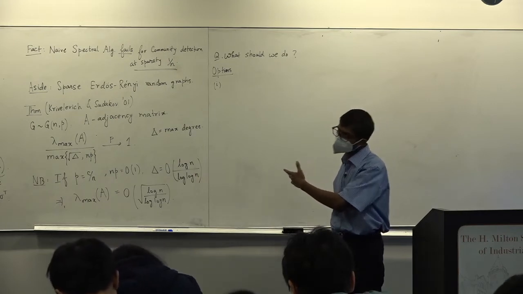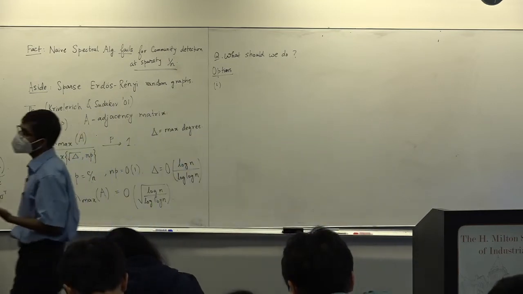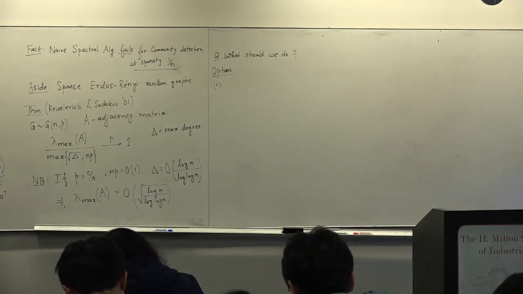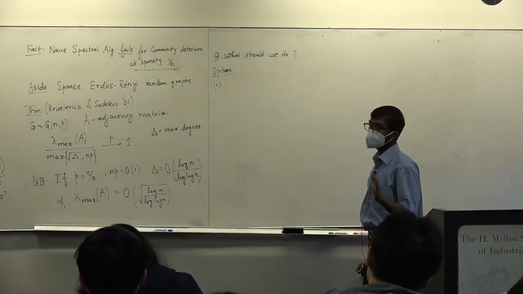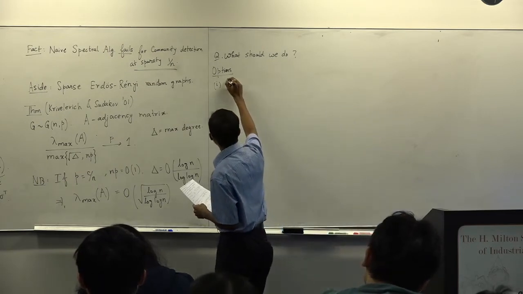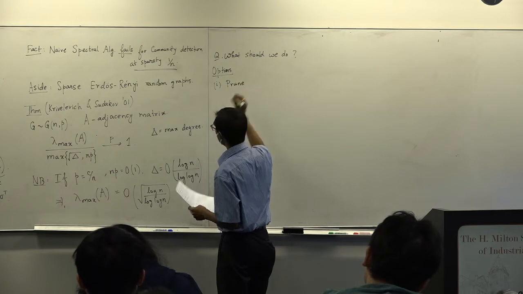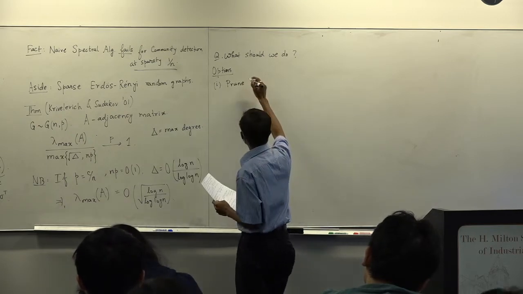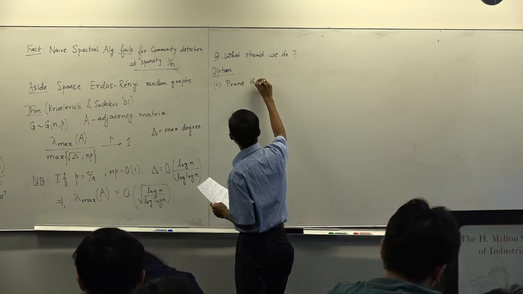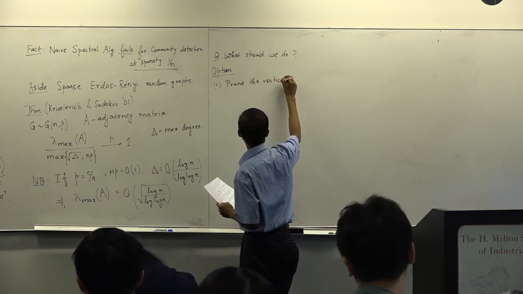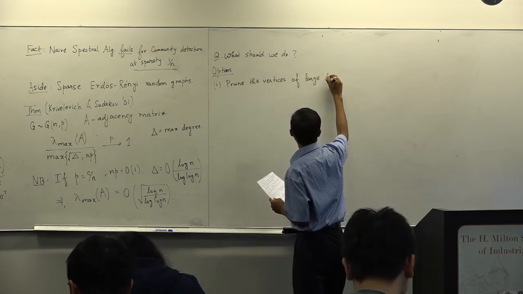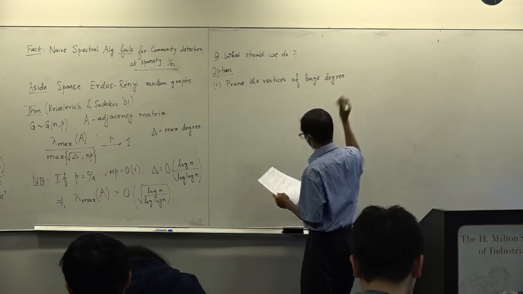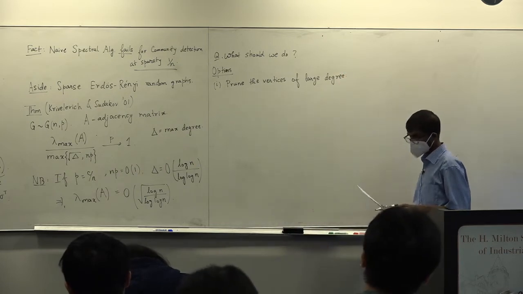You have these vertices of very high degree that aren't giving me any useful information, and they are interfering with the behavior of the spectrum. So I can just take my graph, prune away vertices of large degree, and then work with the rest of it. So one idea would be, I don't want to change my algorithm too much. I can just prune the vertices of large degree. Right? That's one idea.